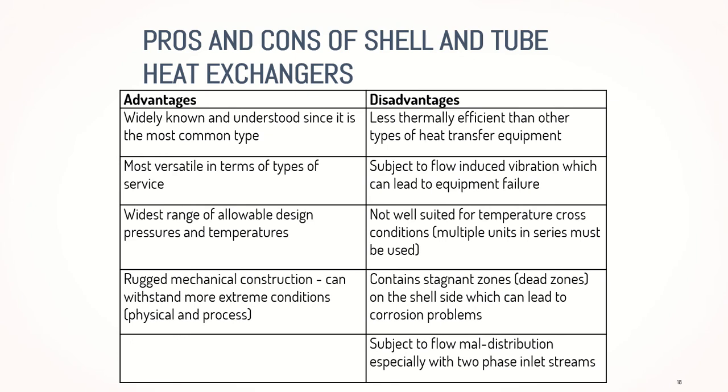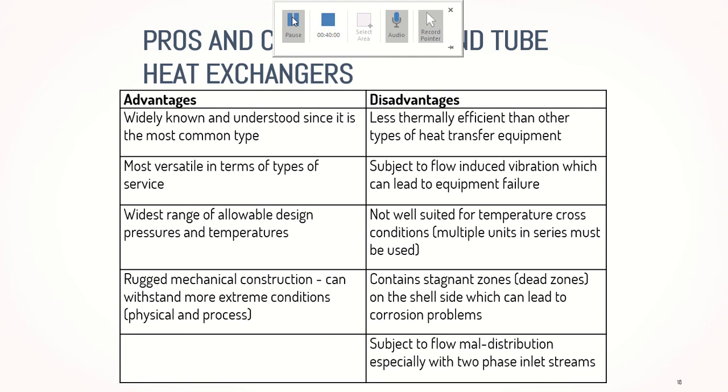So the pros and cons of shell and tube exchangers are listed here. The first advantage of shell and tube is that it's widely known and understood since it's the most common type, and it's the most versatile in terms of types of service.